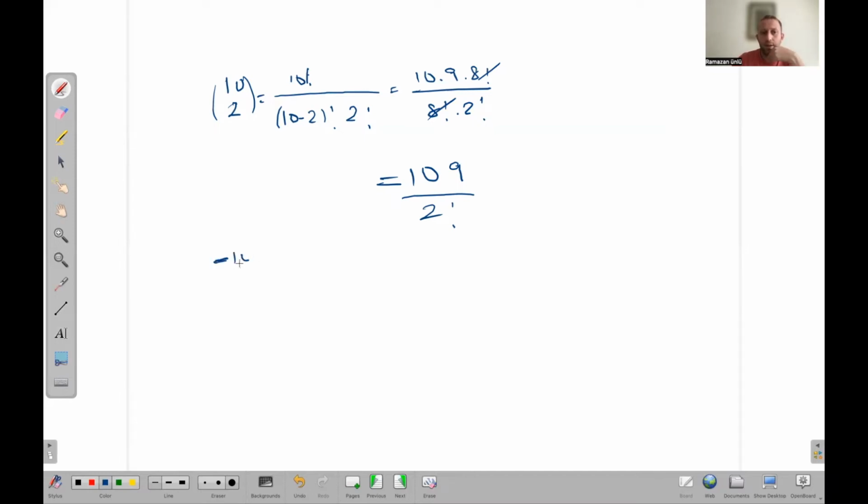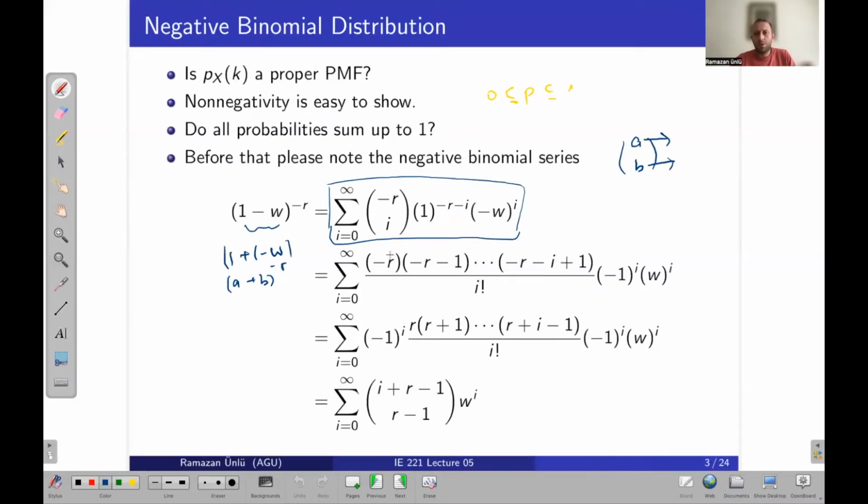Let's say this one. In this case, what is the logic? Start from this one and reduce it by 1, 2 times. So it will be minus 11, right? And 2 factorial. So this is exactly what I did here, okay? By using the logic behind this calculation. So let's do the same strategy here.